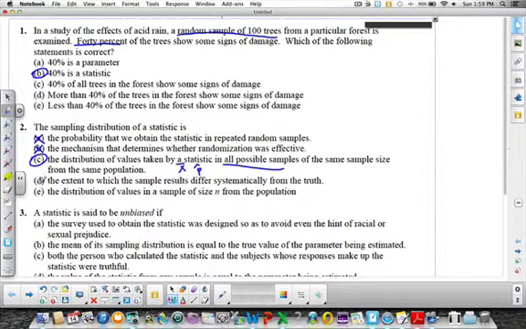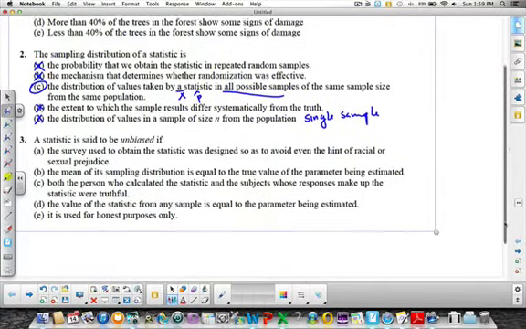And if we look at D and E, the extent to which the sample results differ systematically from the truth, that's talking about bias. And E, the distribution of values in a sample of size n from the population. So E is talking only about a single sample, not a sampling distribution. So it cannot be E.